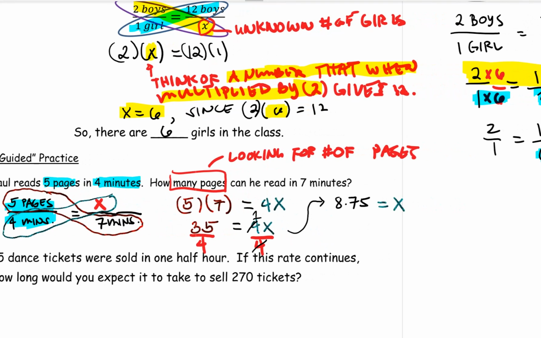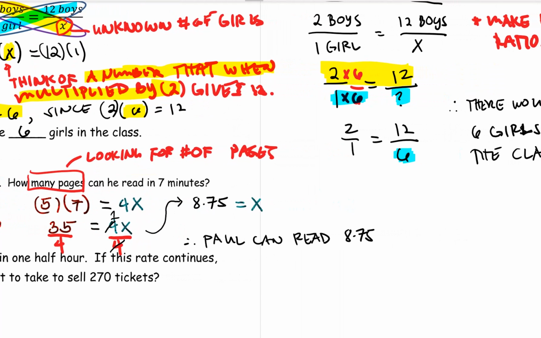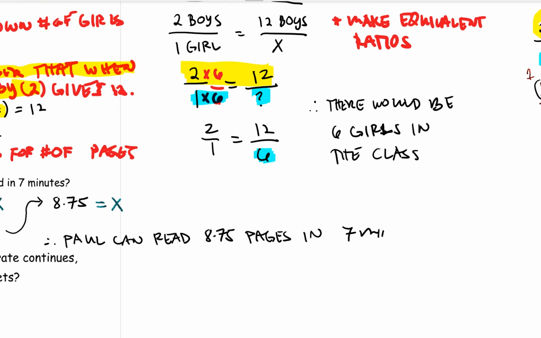So therefore, you would say Paul can read 8.75 pages in 7 minutes.